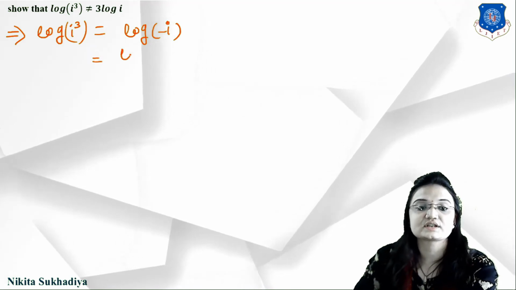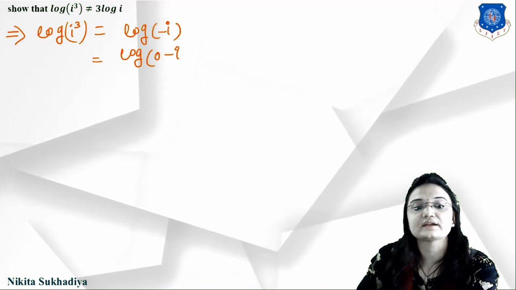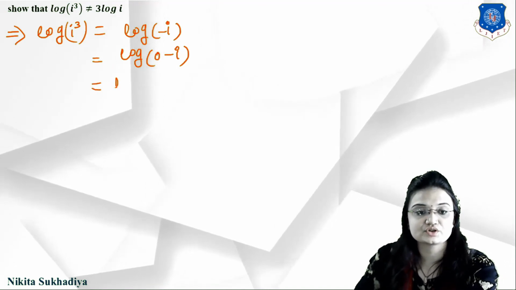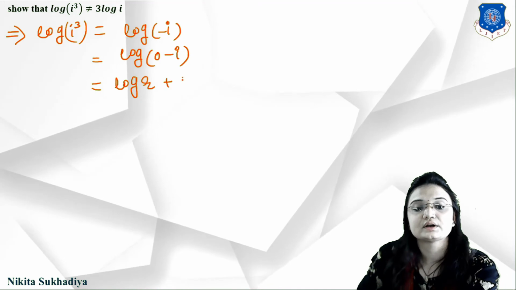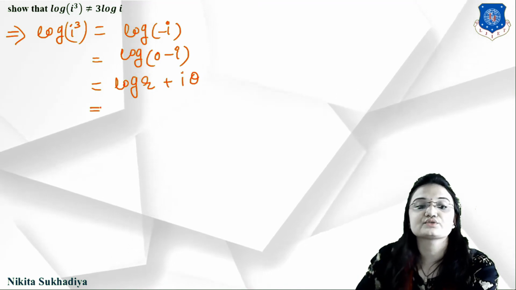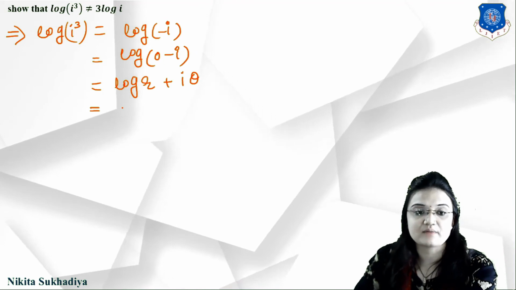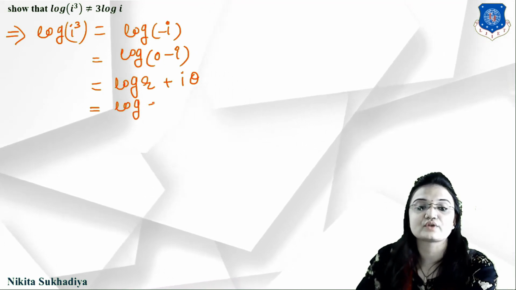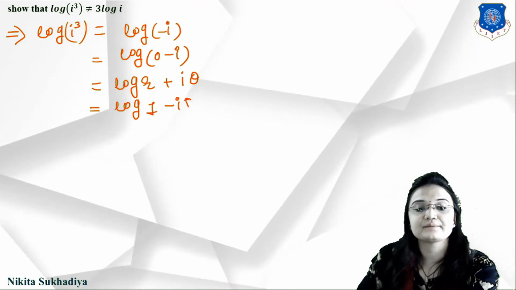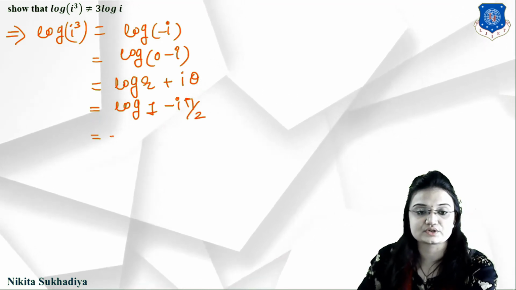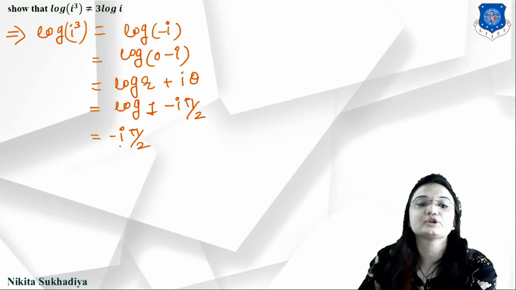So this is log(0 minus i). Use the logarithm of a complex number equation, log r plus i theta. For this case r is 1 and theta will become minus π/2. So this is log 1 minus i π/2, and log 1 is 0. So this is minus i π/2.